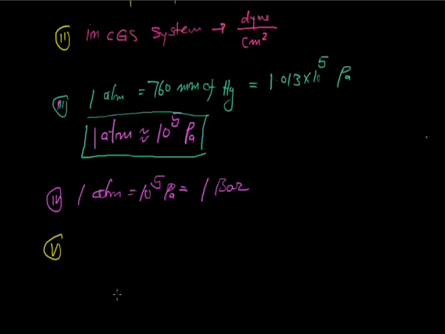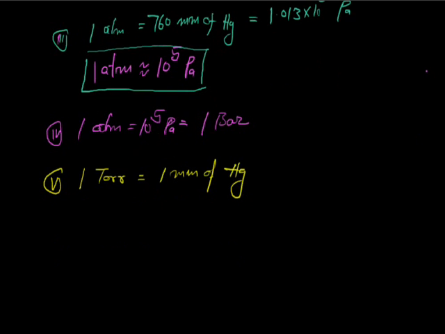Fifth unit is 1 torr. Torricelli is the scientist which decided the unit of pressure, 1 torr. 1 torr will be equal to 1 mm of Hg. We know that 760 mm of Hg is equal to 1 atm is equal to 10 raised to the power 5 Pascal.